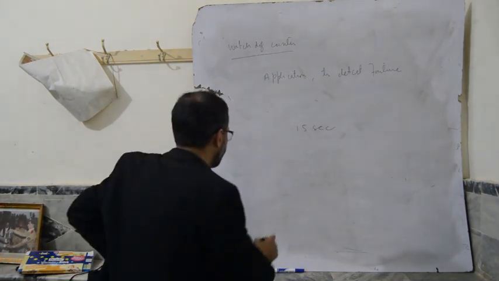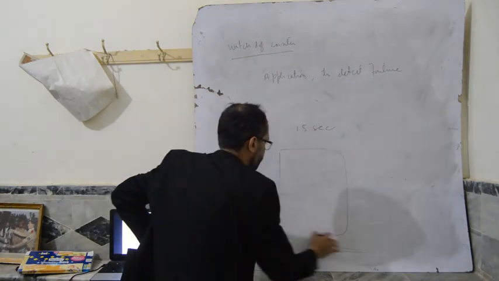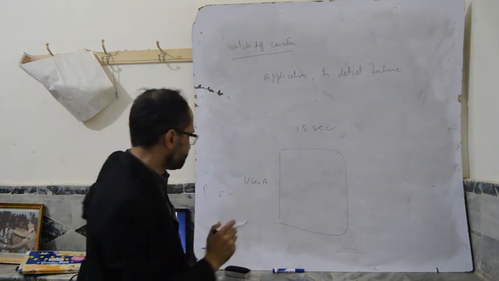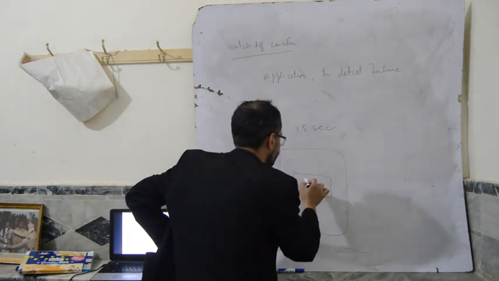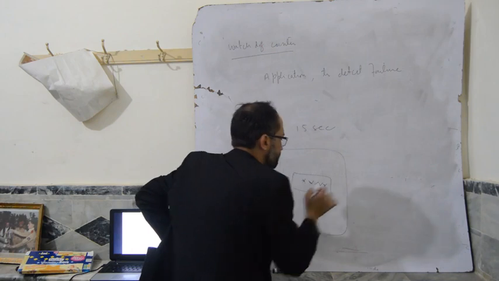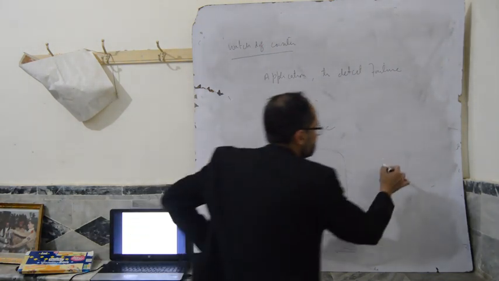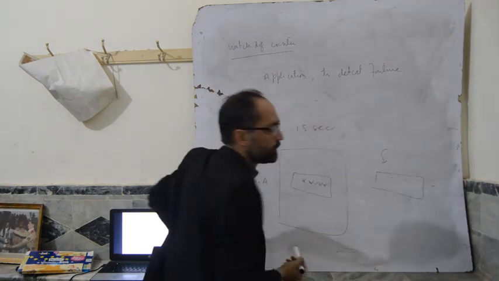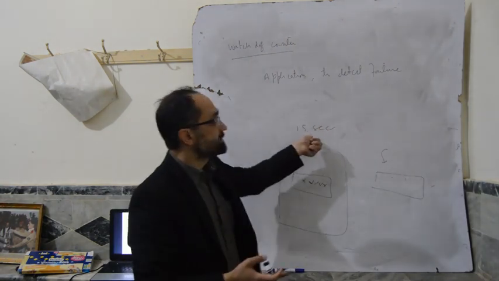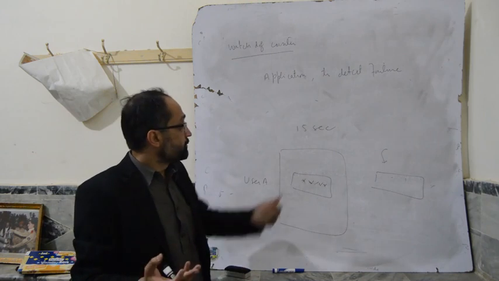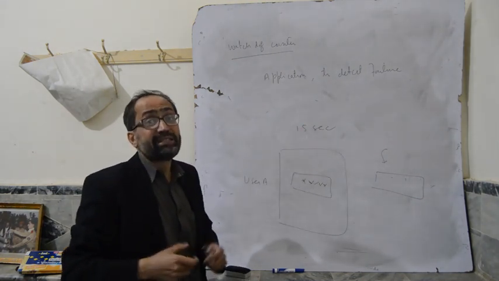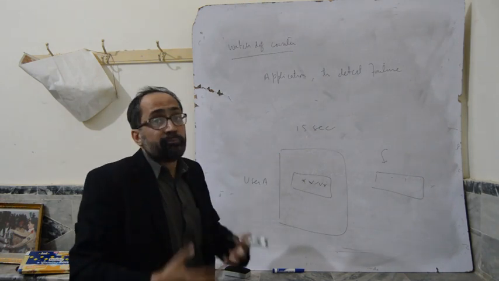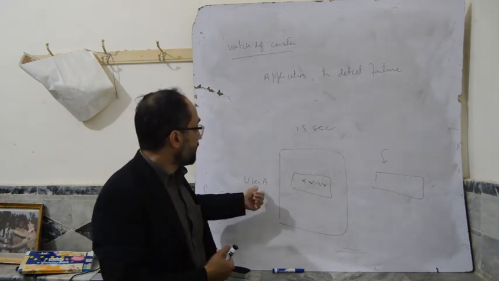For instance, I will give this as an example. Let's assume there is user A, he goes to an ATM machine, he gives the password. The password is correct. The ATM asks how much cash you want to withdraw, and the user does not give the input for 15 seconds. It means that the system has not received an input for 15 seconds. So it means that there is some problem with the user.